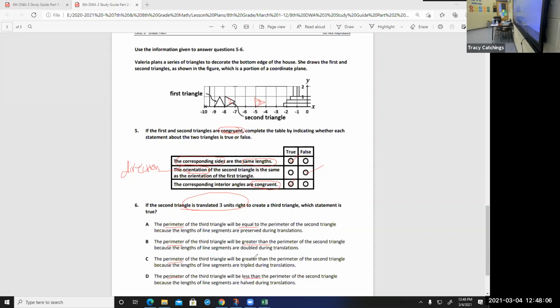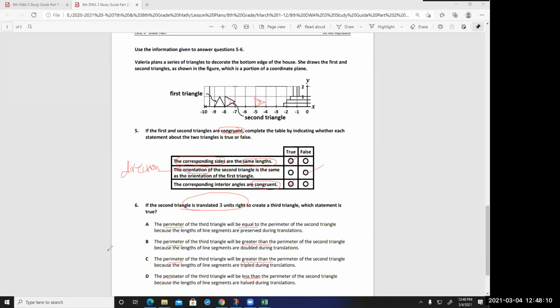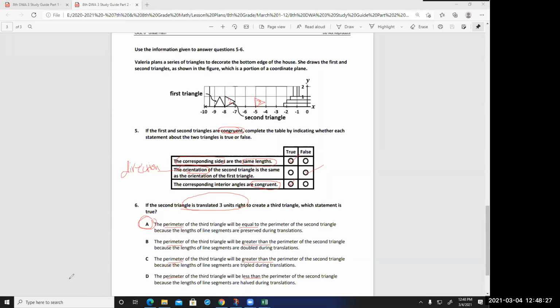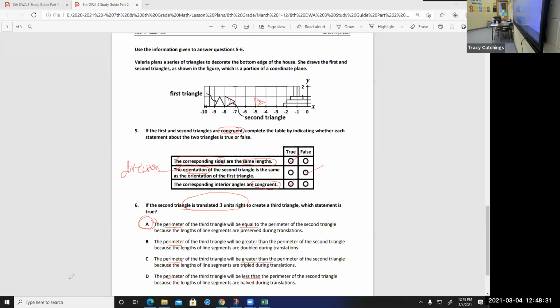Or would it be less than perimeter 2? Equal. They are congruent. Good job. Any questions about it? All right, that was the last question in part 2.